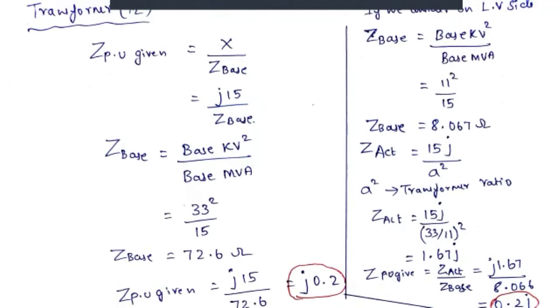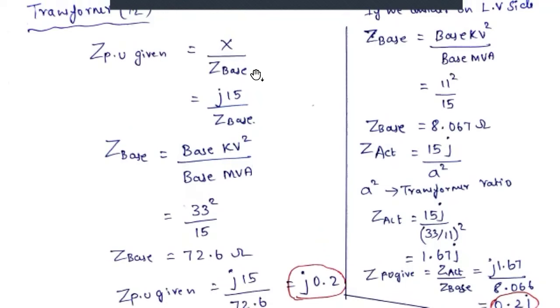Next, when we are considering with referring to HV side, the same we consider as low voltage side. If you take the same thing as low voltage side, Z base is equal to base kilovolt squared divided by base MVA. Because 33 by 11, here we are taking 11 squared divided by base MVA same, that is 15.